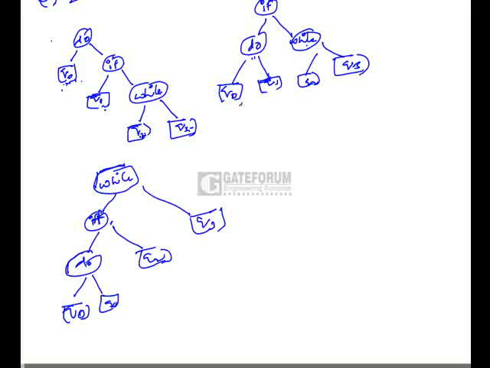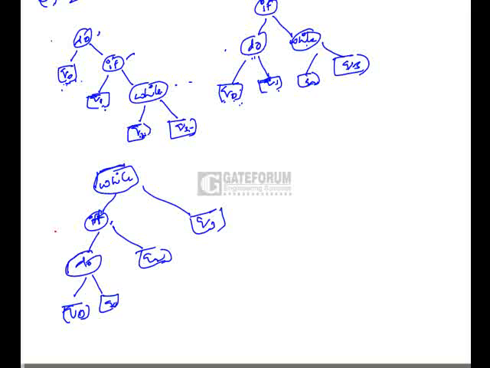For multiplying P's, we have to consider the levels. That means P1, 2 into P2, 3 into P3. For this one, all the Q's have level 2; for P1 level is 2, for P2 level is 1, and for P3 level is 3.